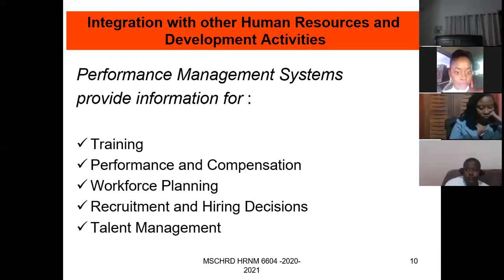How does the system provide information for training? Help to identify performance gaps. Right. It will identify performance gaps, and you heard me speak about the developmental area on the form. Some forms will have both a developmental and a remedial area, and we'll talk more about that.